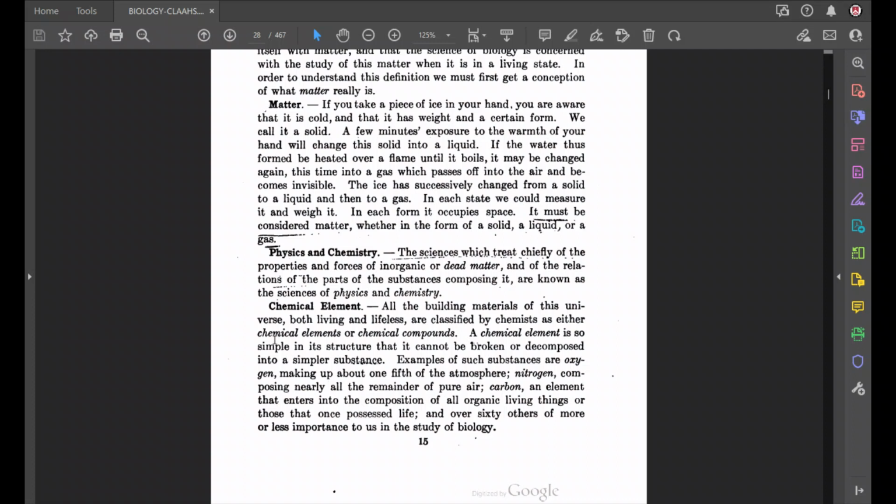If you go online and search for the periodic table, and again, this is not chemistry class, so we're not going to get into all this, but if you just Google periodic table, you'll see that there's a chart that chemists use that shows all of the known elements, all of the chemical elements that chemists have been able to identify.